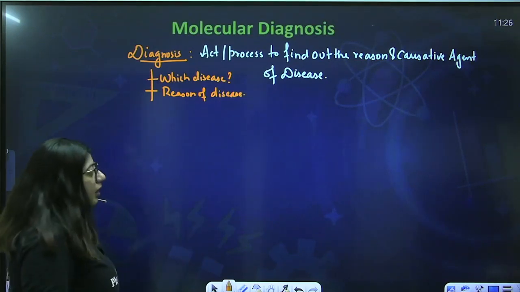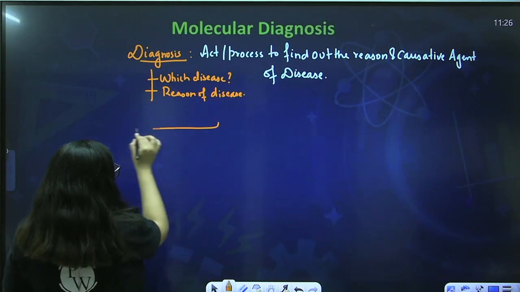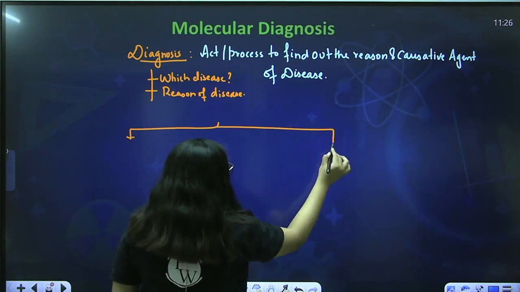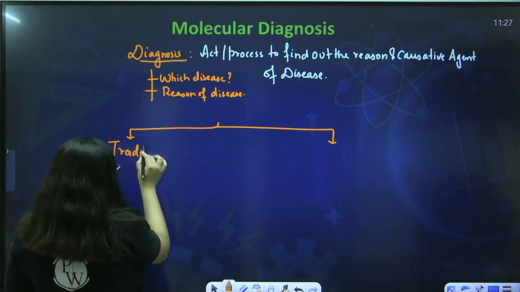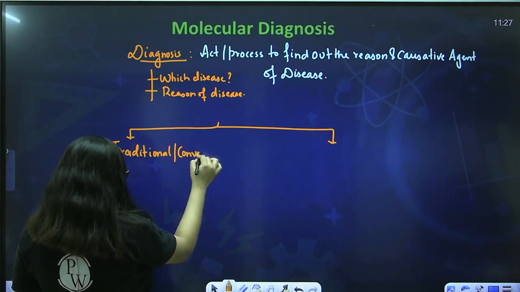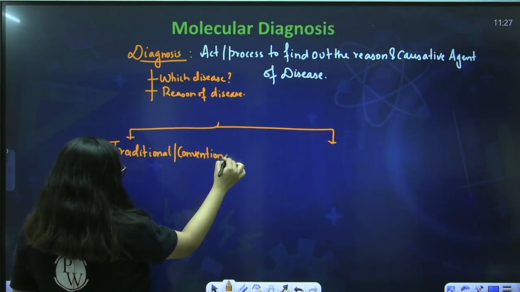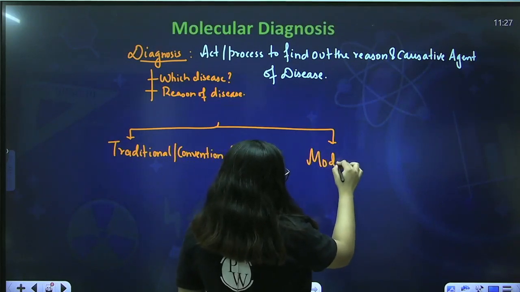All right. Now, diagnosis is of two types. One is the traditional method of diagnosis, also known as the conventional method, and second are the modern diagnosis techniques.